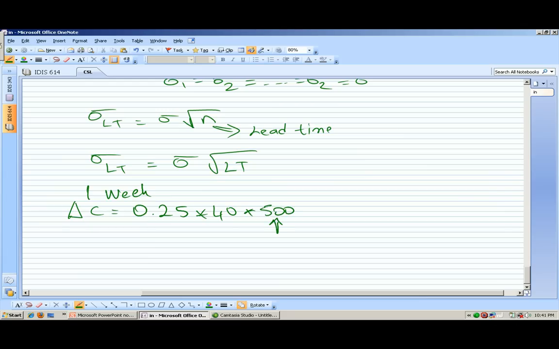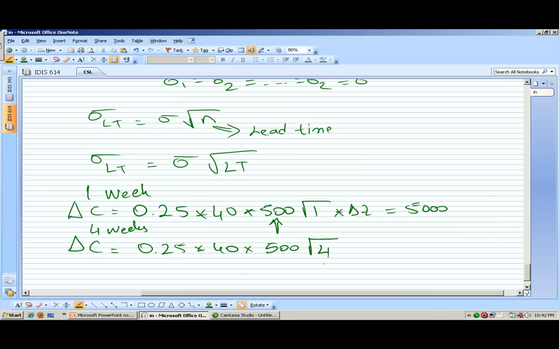This is the per week standard deviation, and I said lead time is 1 week and multiplied by delta Z, and I found 5,000. Now when it is 4 weeks, delta C is going to be equal to 0.25 times 40 times 500, times the square root of 4, times delta Z. This is the relationship you need to remember.